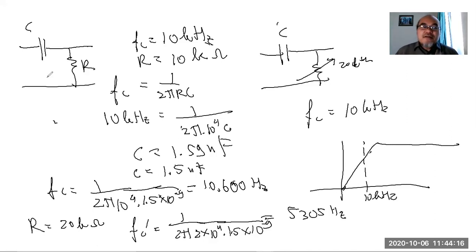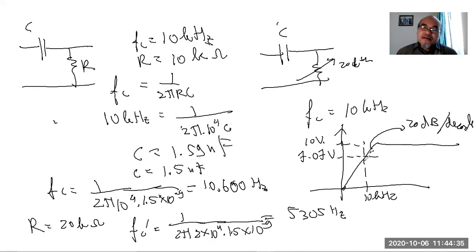If for example Vin is 10 volt, then at around 10 kilohertz the value will be 7.07 volt. This is an increase of 20 decibel per decade. So at 1 kilohertz, the value will be 0.707 volt, something like that. So this is the frequency response.